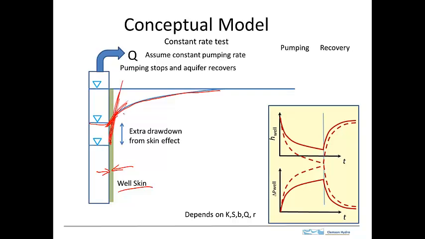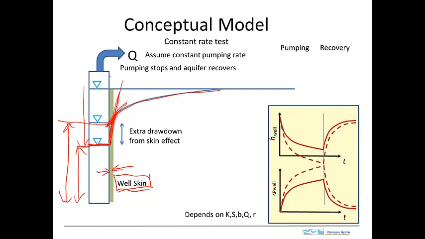And the result of that is that the head that we see in the well is here. So that's the head in the well that actually occurs. What we would expect under ideal conditions is this. So we've got a lower head and more drawdown that results from this well skin effect. Okay? So that's an important concept.